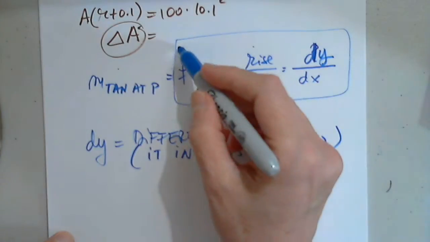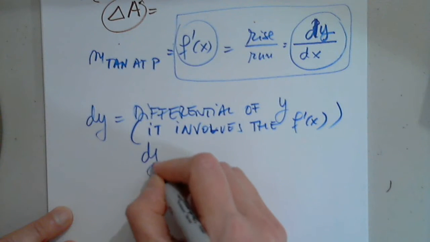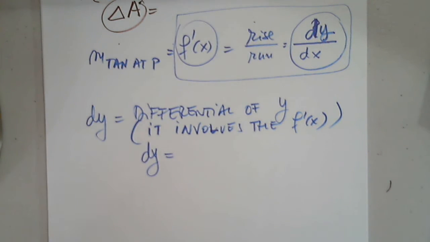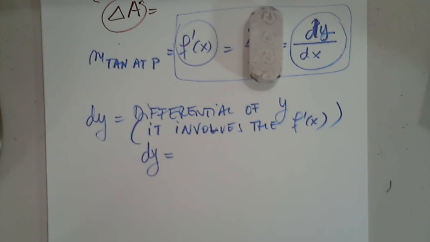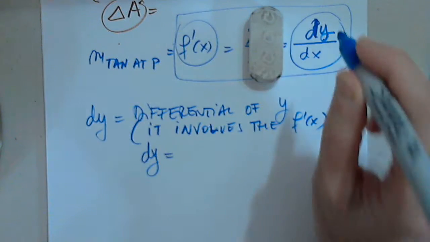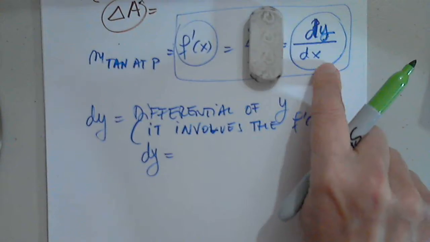So, from this equation, can anyone give us the formula for dy? Will anyone like to solve for dy for us? It was f prime times dx. That's it.